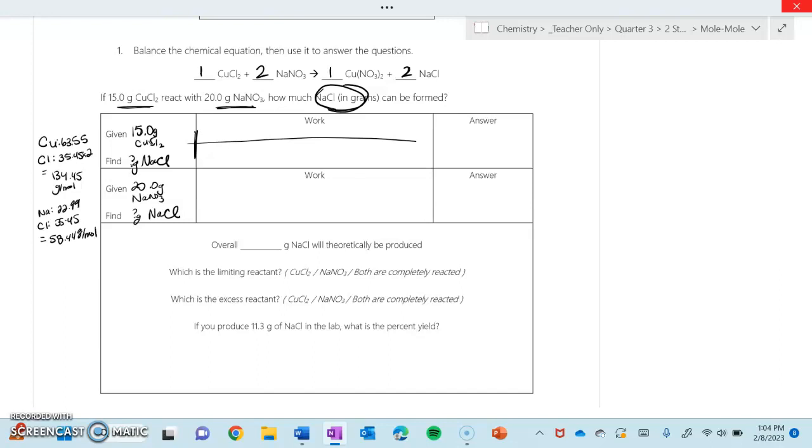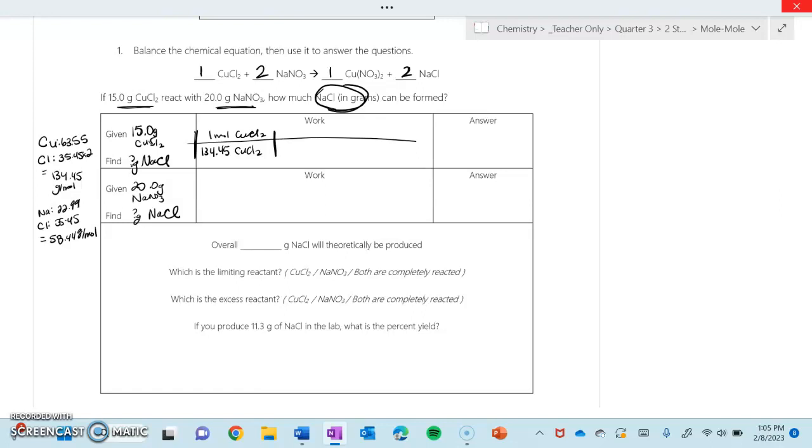So that's for our first conversion here. Let's put them where they need to go. We need the molar mass of copper chloride, since that's our given compound, to convert to moles. So there's our molar mass.